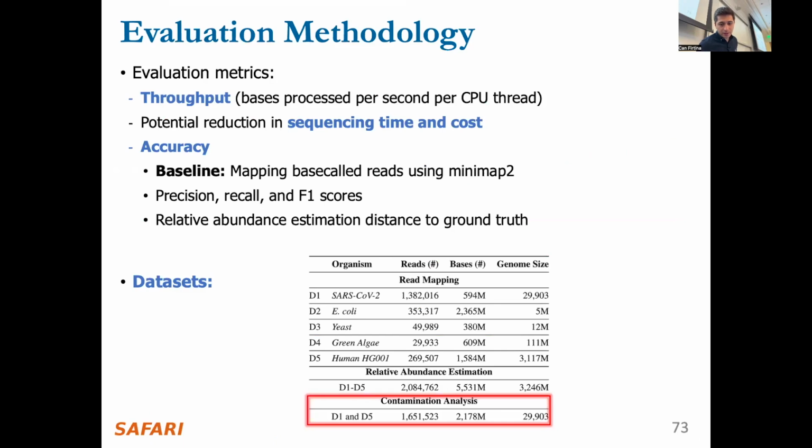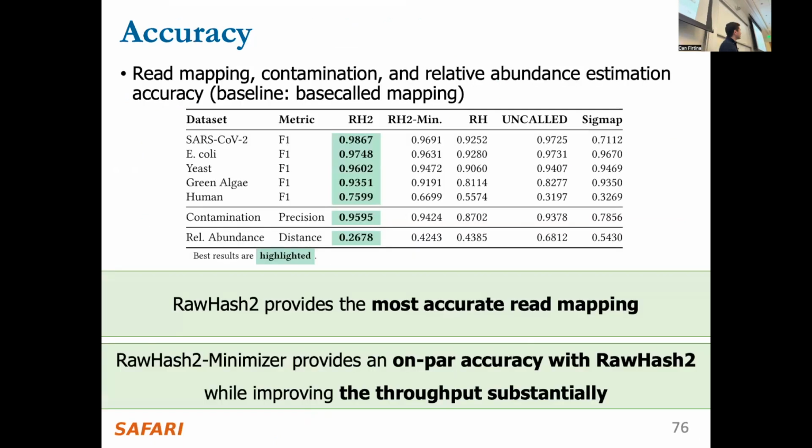So this is basically the ideal setup. When you look at the F1 score of 0.98, let's say, taking the most accurate one, this is telling you that the mapping information that you're generating is almost identical to the mapping with the base called approach.